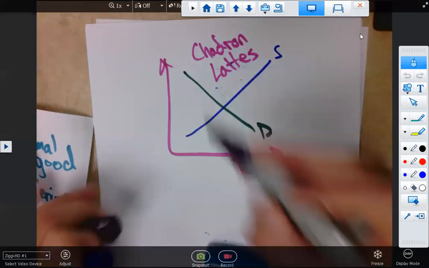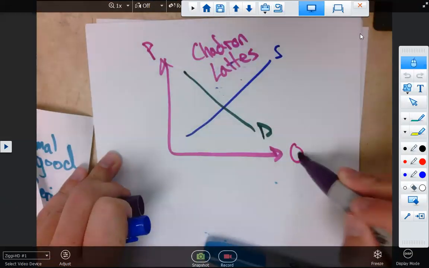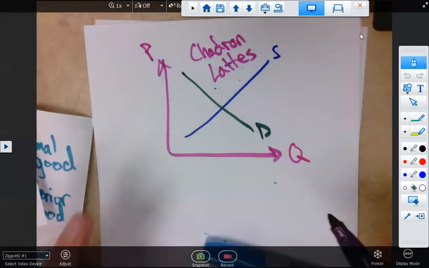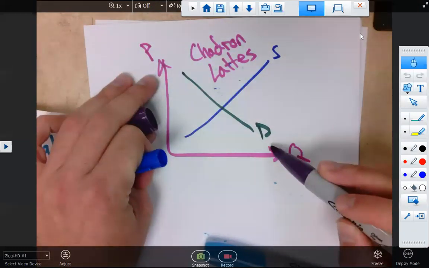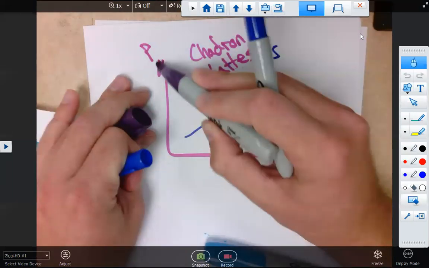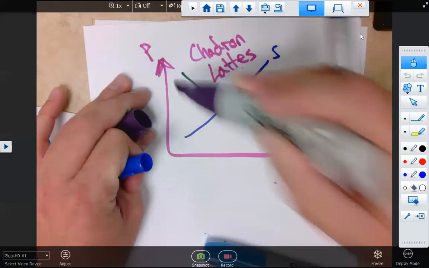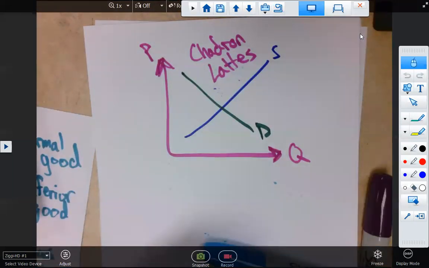I forgot to label my axes, price, quantity. So remember on the test, the arrows are really important on the axes. They technically should also be on the curves, but I'm not going to penalize you if there's no arrows on the curves since I almost never do them.